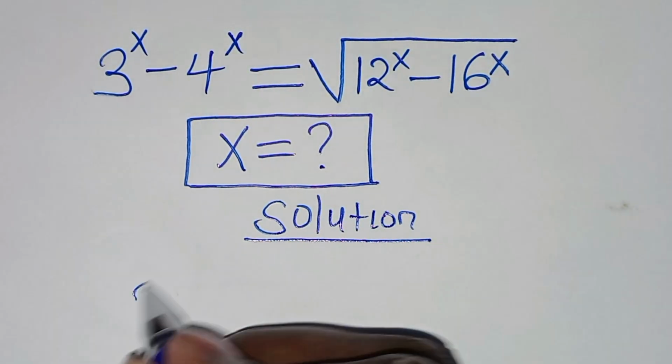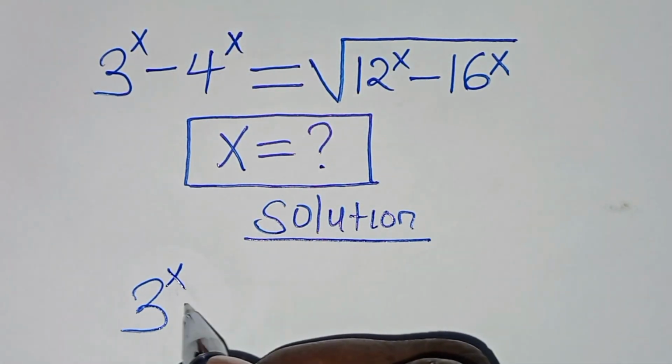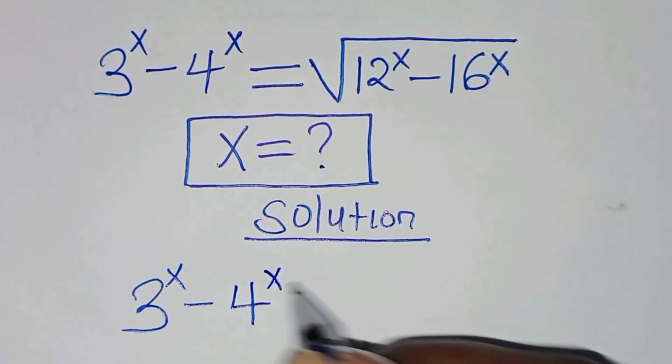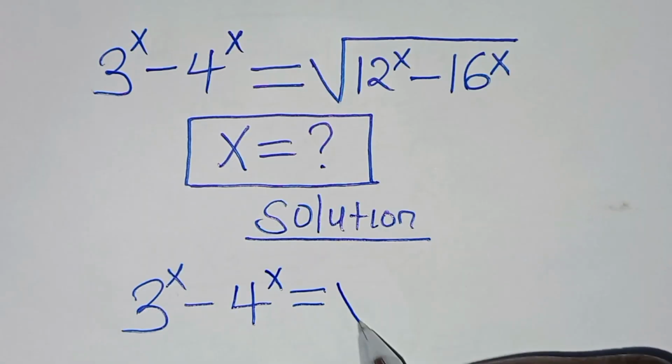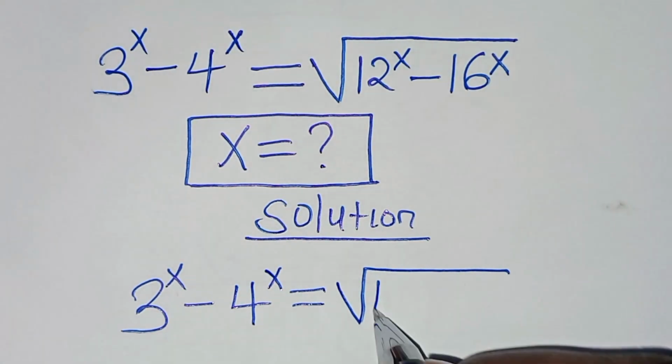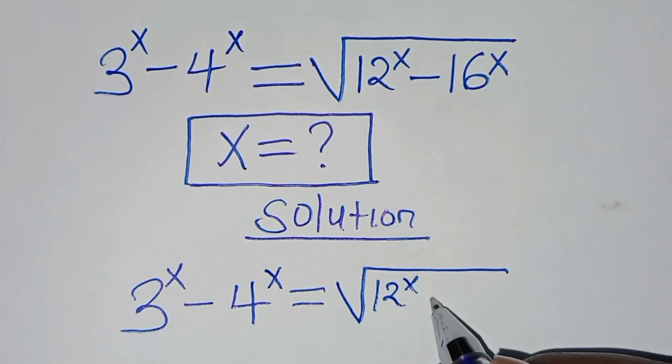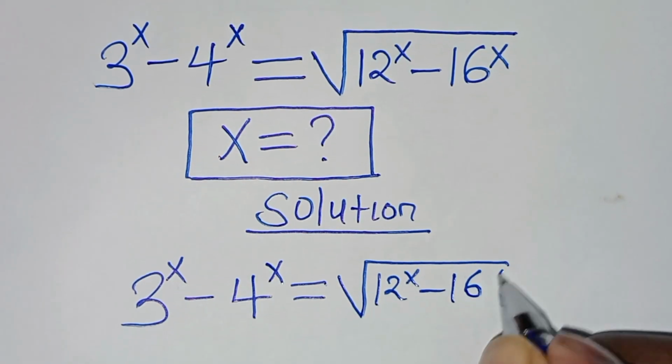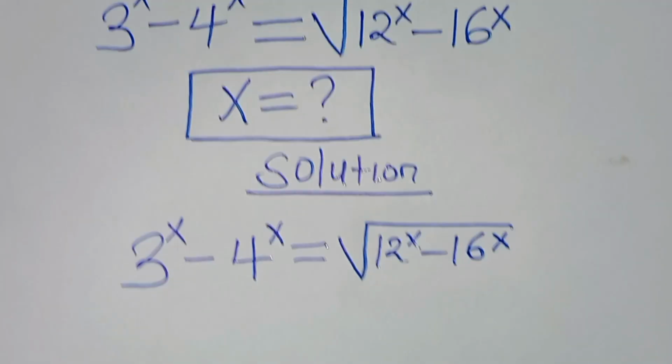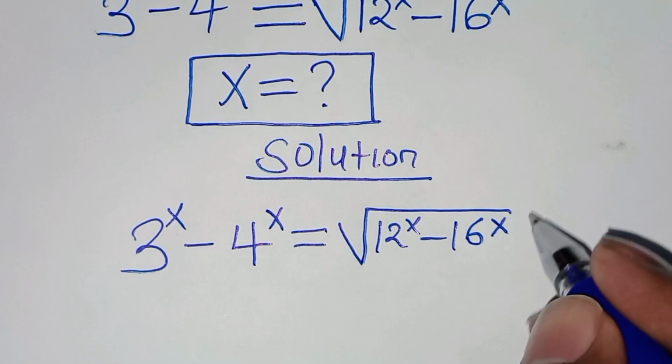Now we have 3 to power x minus 4 to power x equal to the square root of 12 to power x minus 16 to power x. The first step here is to square both sides.